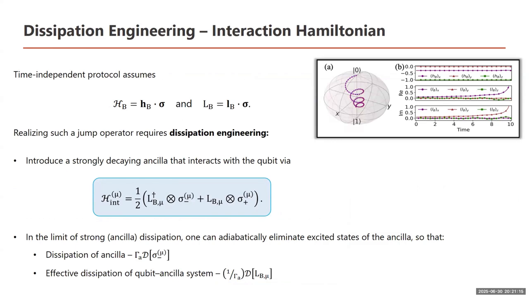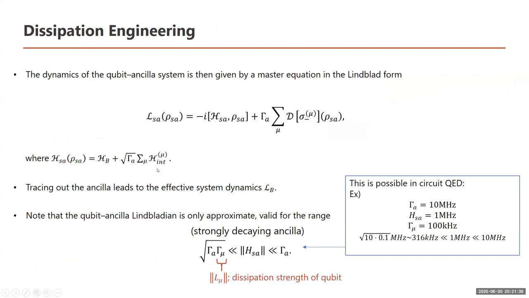And realizing such jump operators requires a protocol called dissipation engineering, which engineers this interaction Hamiltonian. So let's introduce a strongly decaying ancilla that interacts with the qubit like this. This corresponds to the part here.